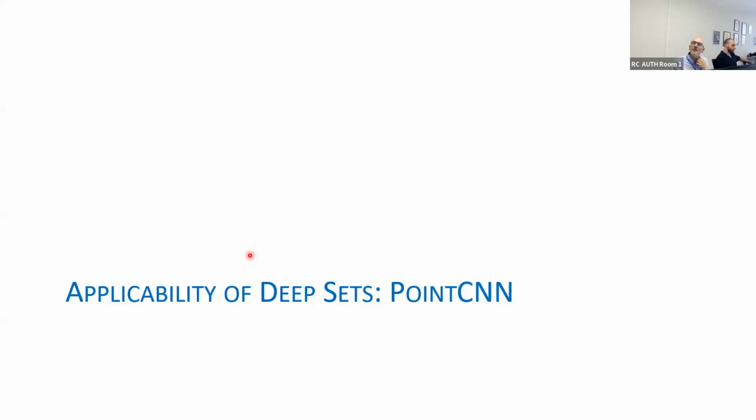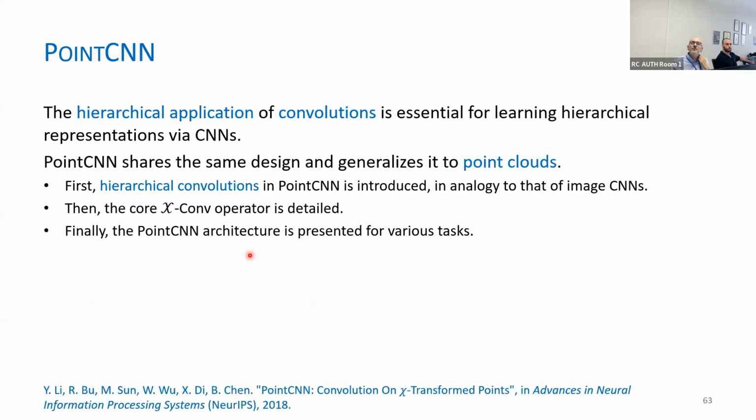Instead, for PointCNN, it is interesting to see how the authors try to derive for this domain a convolution operator that resembles in some way the convolution operator that we have in the Euclidean domain.